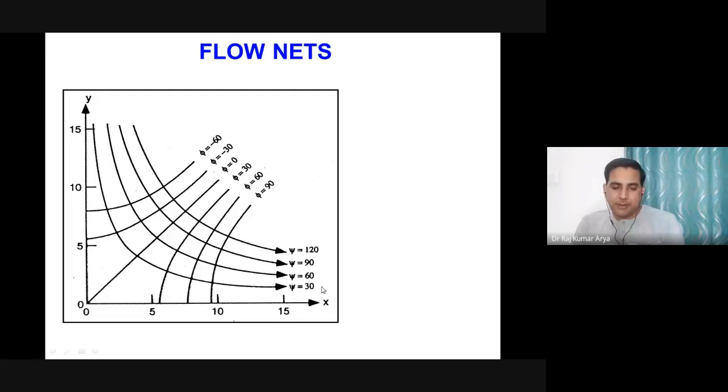So can anyone tell what is happening between psi 120 to 130? Where are we moving?